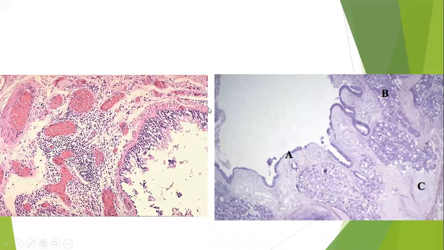Beneath that, to the left of that, you can see some small dots. Those are your inflammatory cells. So there's chronic inflammation in chronic bronchitis. Coming to the picture to your right, what is B? B points to your submucosal glands. So you can see an increased amount of submucosal glands in chronic bronchitis. Next.